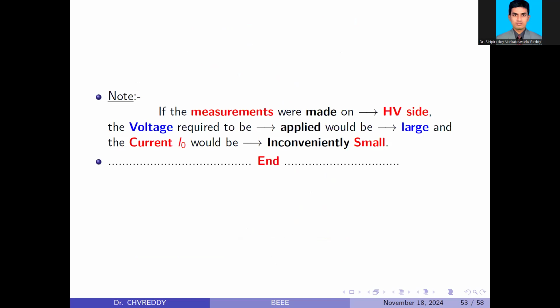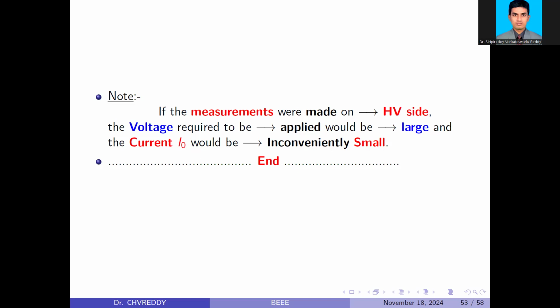One major note: if the measurements are made on the HV side, then the voltage required to be applied would be large and the current would be inconveniently small. So with the same connections on the HV side, the voltage required would be large and the current very small.